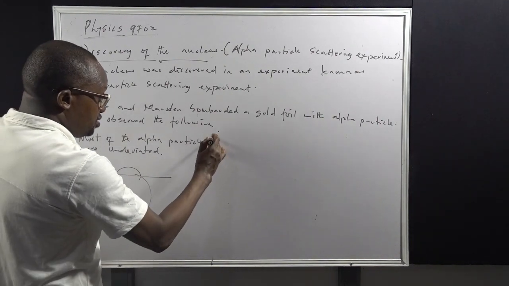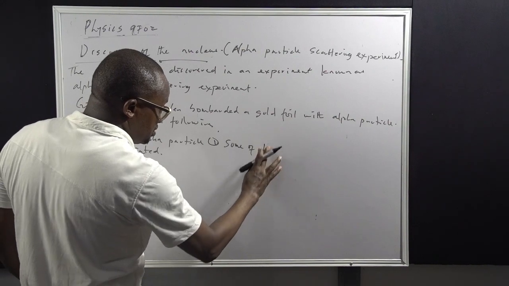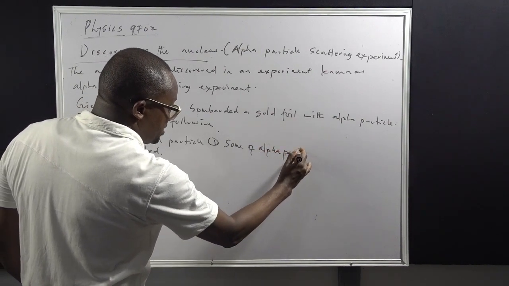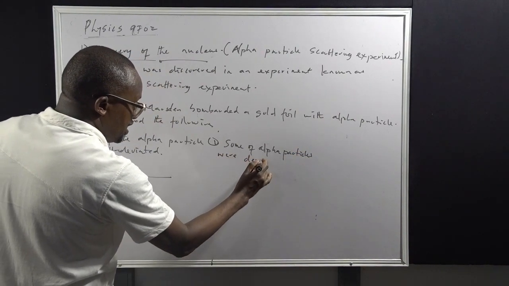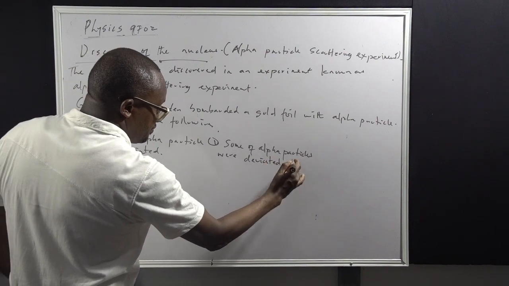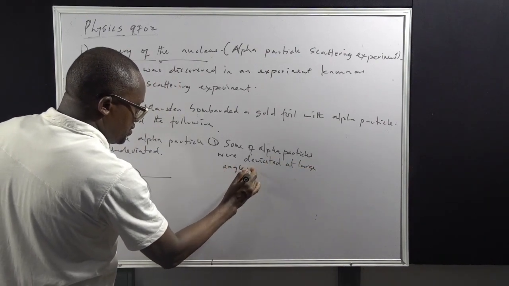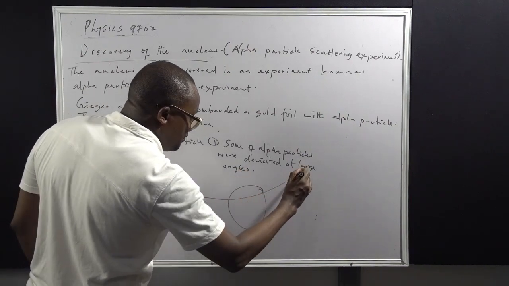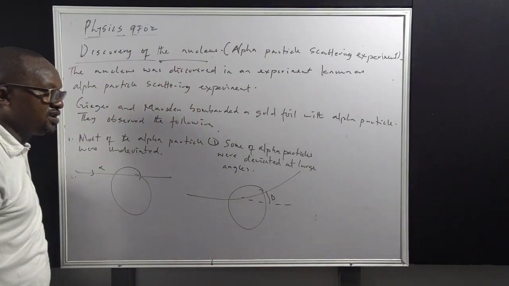Second one, some of the alpha particles were deviated at large angles. Like this. Some of the alpha particles were deviated at large angles.